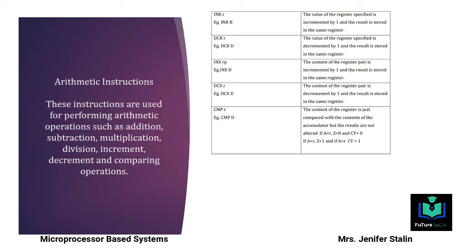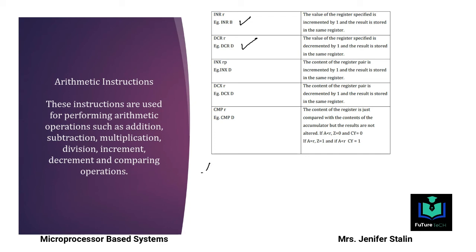The next instructions are the incrementing and decrementing instructions. At the end of this instruction, the content which is present in the register can be either incremented or decremented by 1.